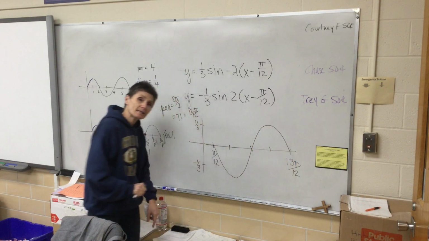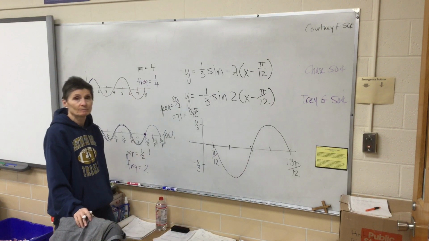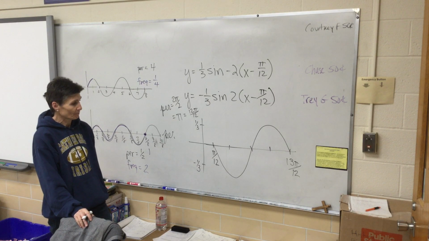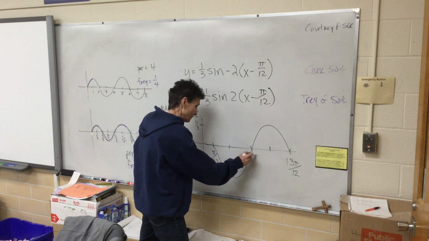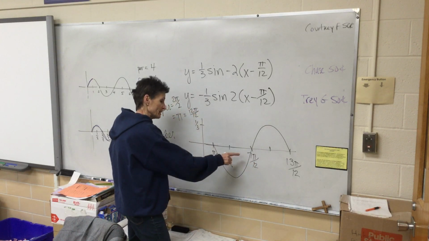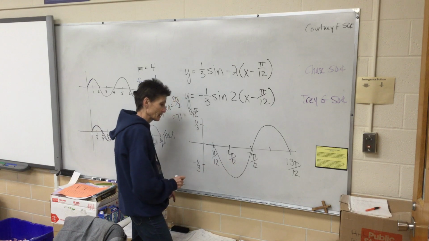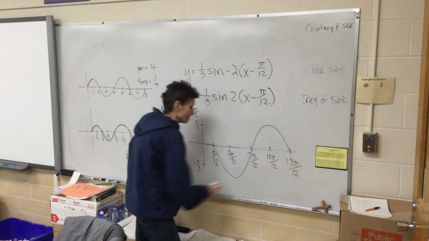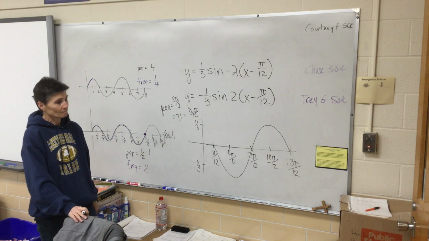Remember, to find your ending point, you just take your starting point and add your period. My period's 1, or 12 twelfths. 1 and 13 makes 14, half of that's 7. 1 and 7 makes 8, half of that's 4. 7 and 13 makes 20, half of that's 10. And my friends, I think we're done with that one.